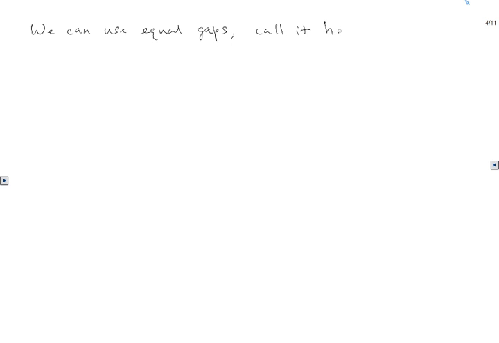So we can call that gap h. If we know the gap is h, then this is what's going to happen: we start with x0 and we go in equal gaps, so it's x1, x2, x3, like that. That's the gap.